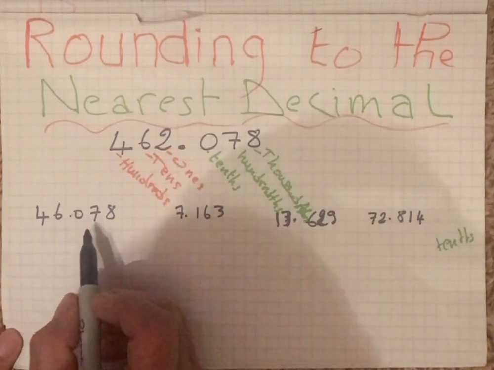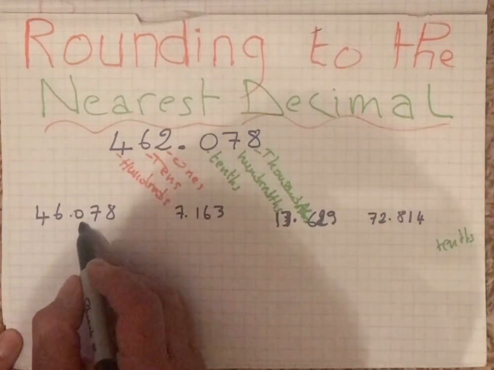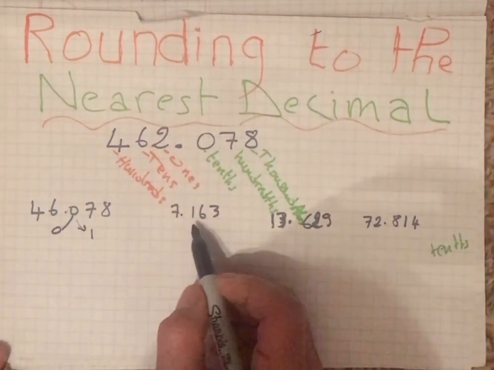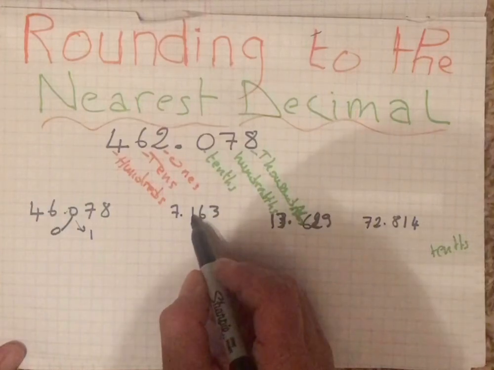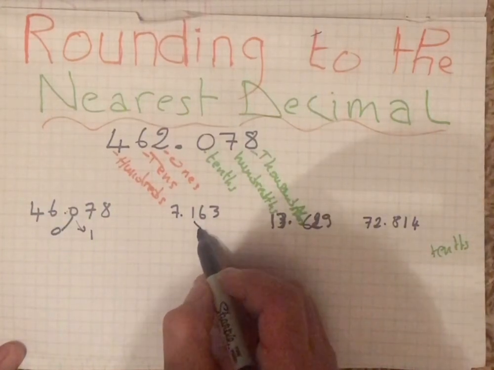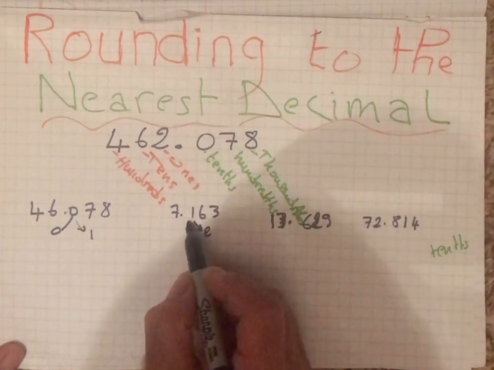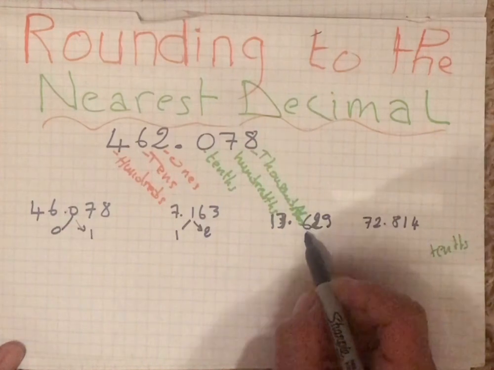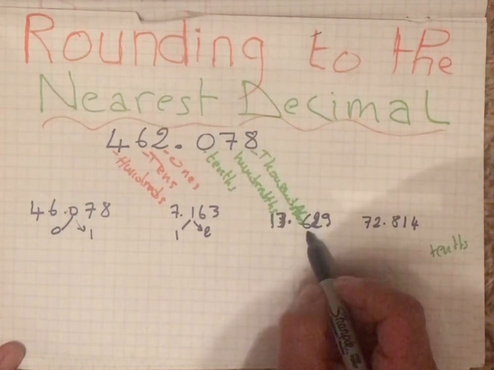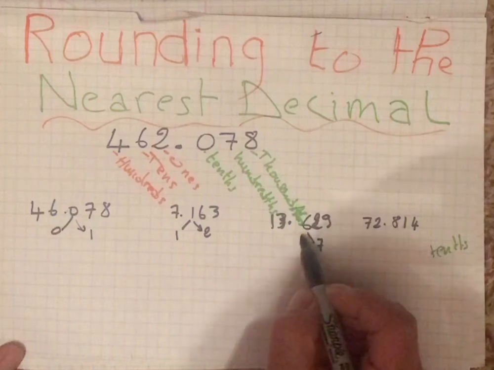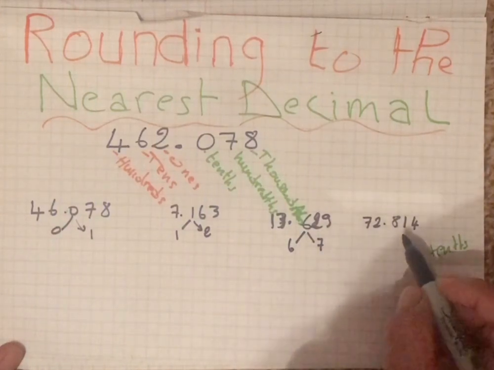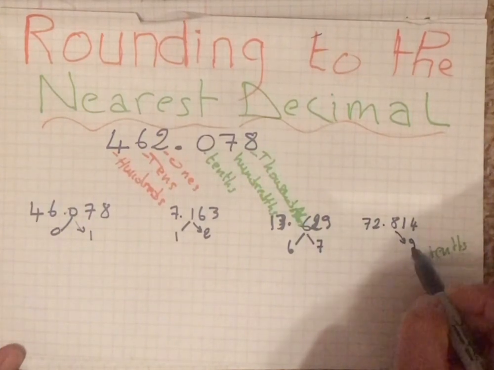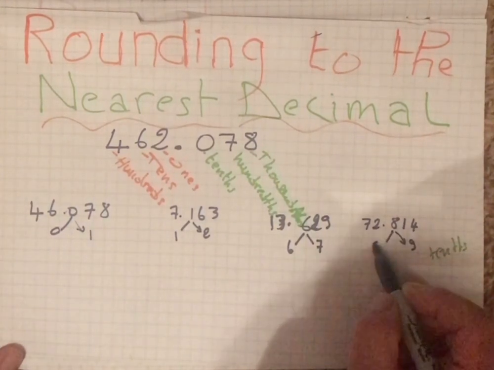Two options: this 0 either goes to 1 or stays 0. In the next number, the 1 either goes up to 2 or stays 1. Here the 6 will go up and become 7, or stay 6. And the same here, 8 either goes up and becomes 9, or stays 8.